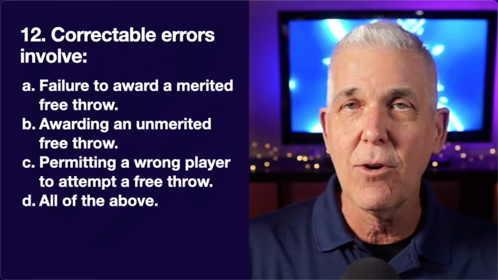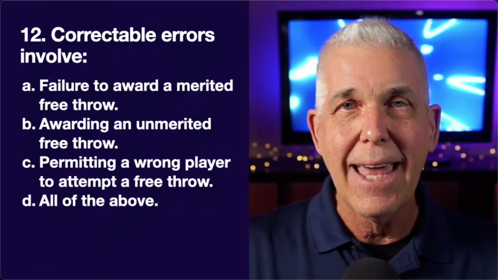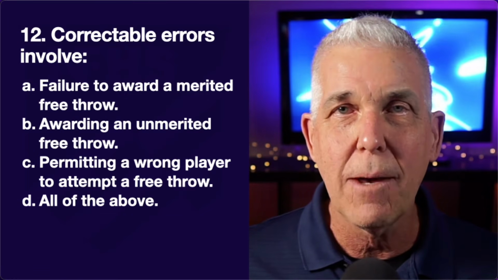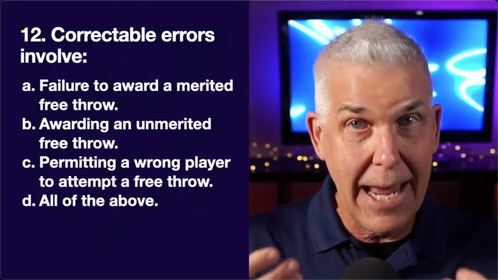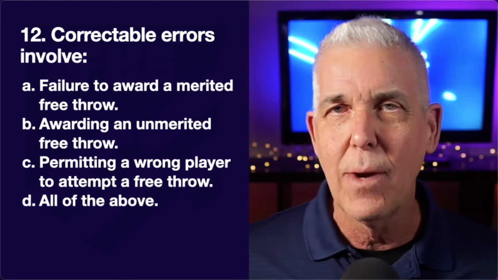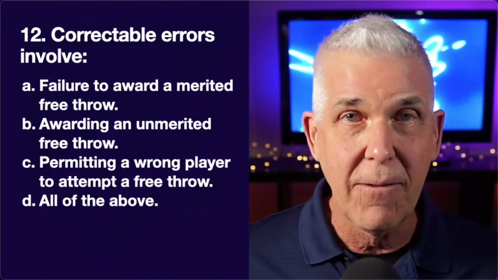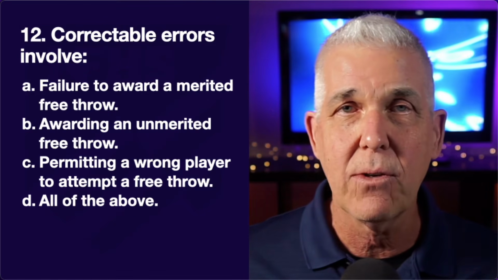All right, correctable errors, Rule 2-10 covers them, and failure to award a merited free throw is a correctable error scenario. Will it be corrected? Well, that'll be dependent on when it's recognized, of course. But failure to award a merited free throw is one of the correctable error scenarios.